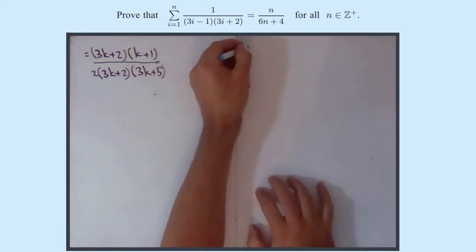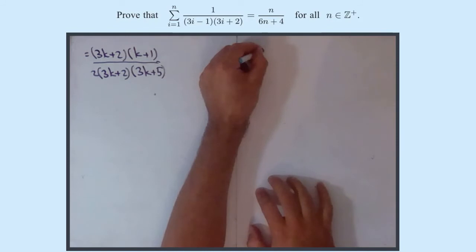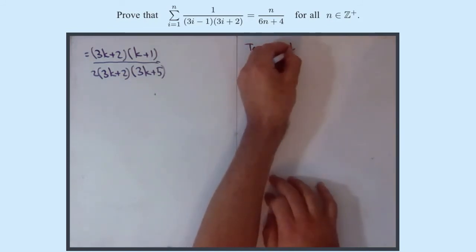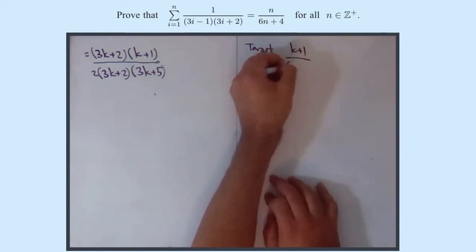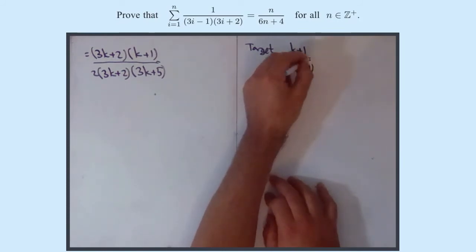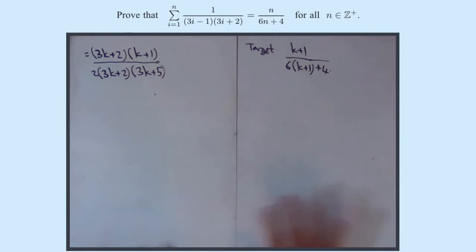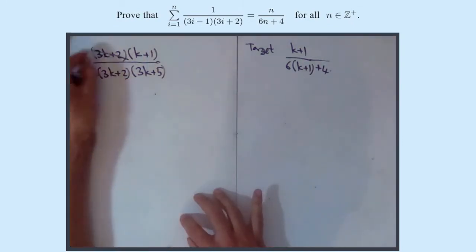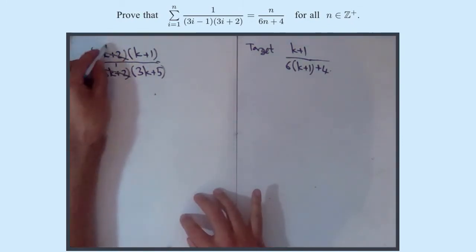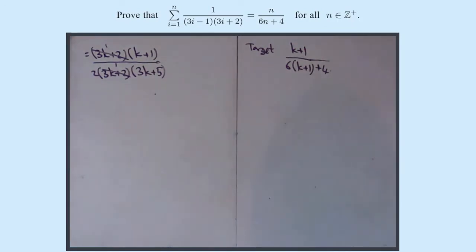So don't forget, our target is (k plus 1) over 6(k plus 1) plus 4. And hopefully, once we cancel these two, we've suddenly opened it up and we're going to get two linear factors.